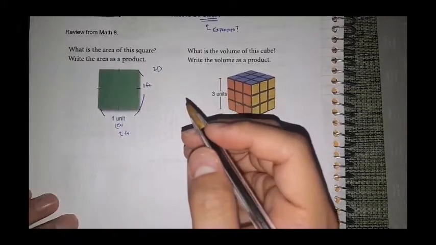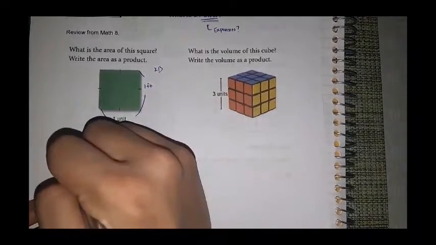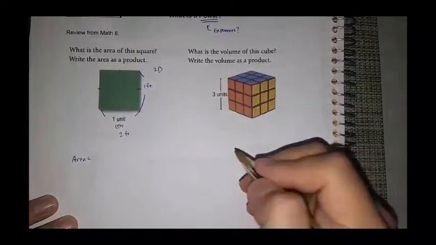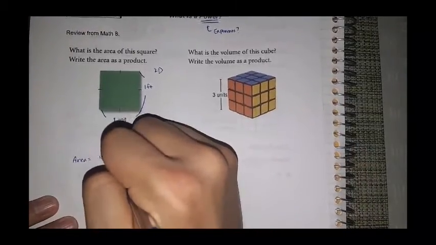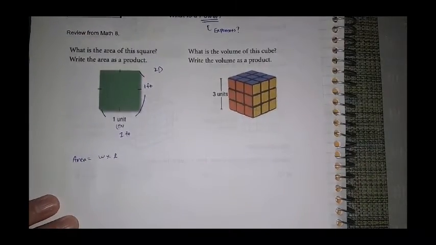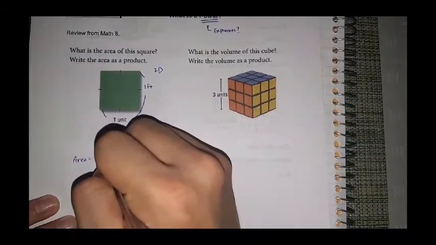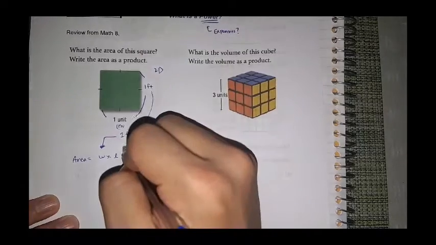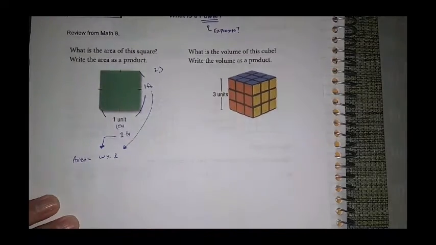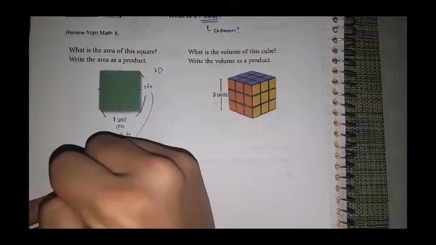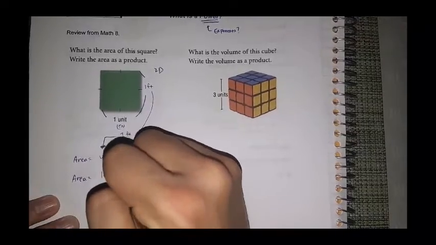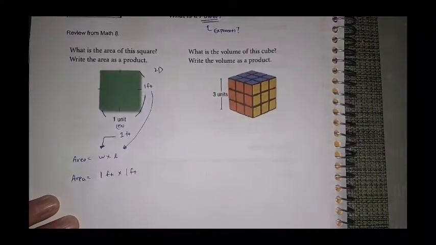Now let's go with the geometry situation. Area is basically your width times length. Therefore, if you substitute our width value and length value, then area is equivalent to 1 foot multiplied by 1 foot.